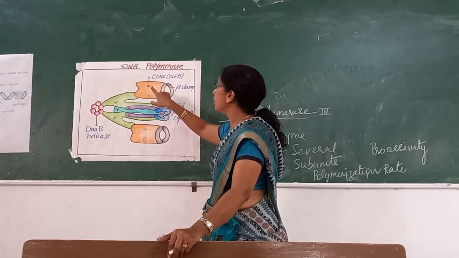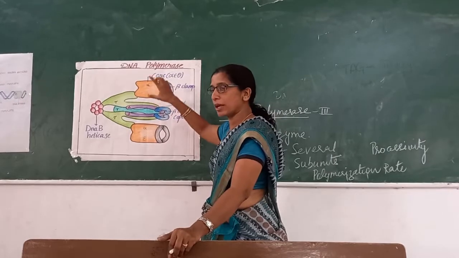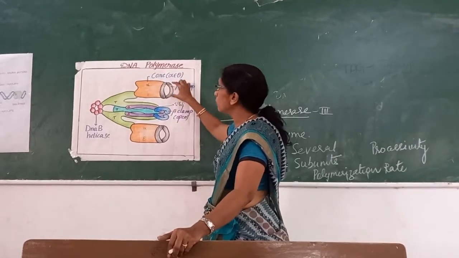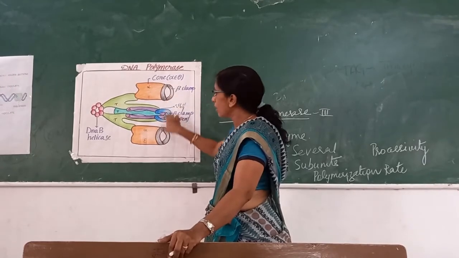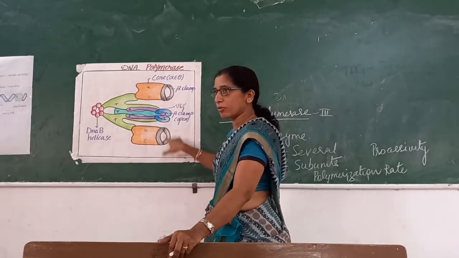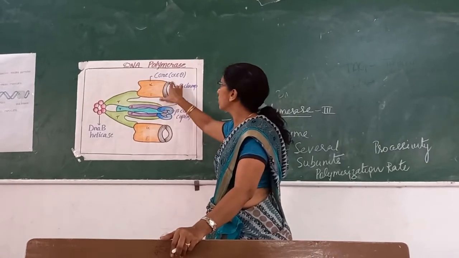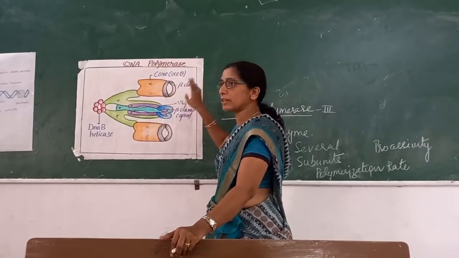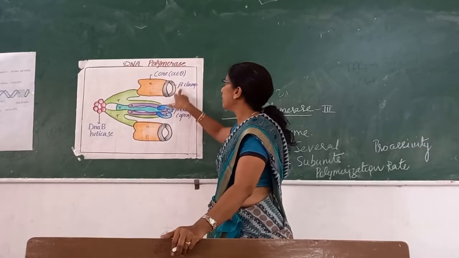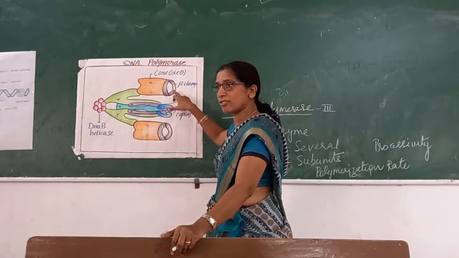Alpha, epsilon and theta make a core which is able to open with the beta clamp. Here also you have the same second core, consisting of alpha, epsilon and theta, and the beta clamp is there. These are the subunits.